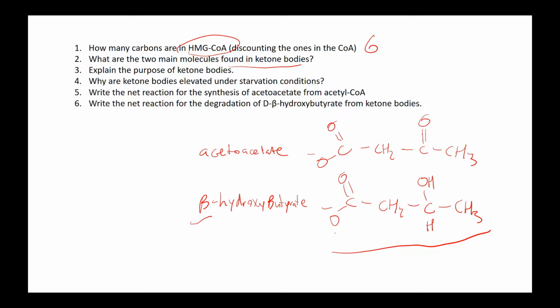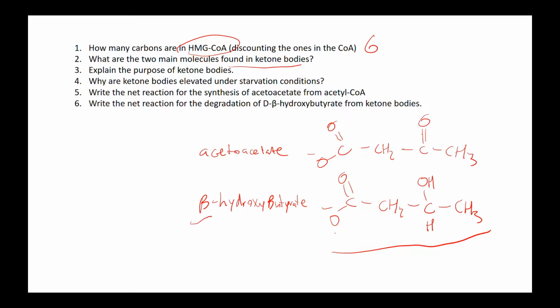But our brain only burns glucose. It doesn't really burn fat at all. So our brain has to get energy from fat without actually burning fat itself, and the only way it can do this is by absorbing ketone bodies. So ketone bodies are elevated under starvation conditions to supply tissues that can't metabolize fats with energy. That's it for number 4.